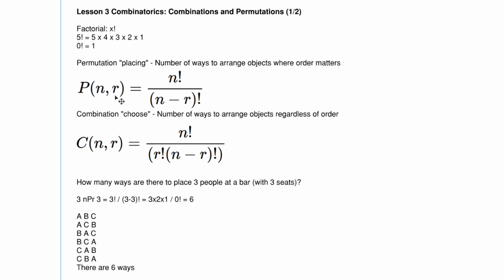Now there are 3 places and 25 contestants. So N would be 25 and R would be 3. And so this would be 25 factorial divided by N minus R, which is 25 minus 3, or 22 factorial.